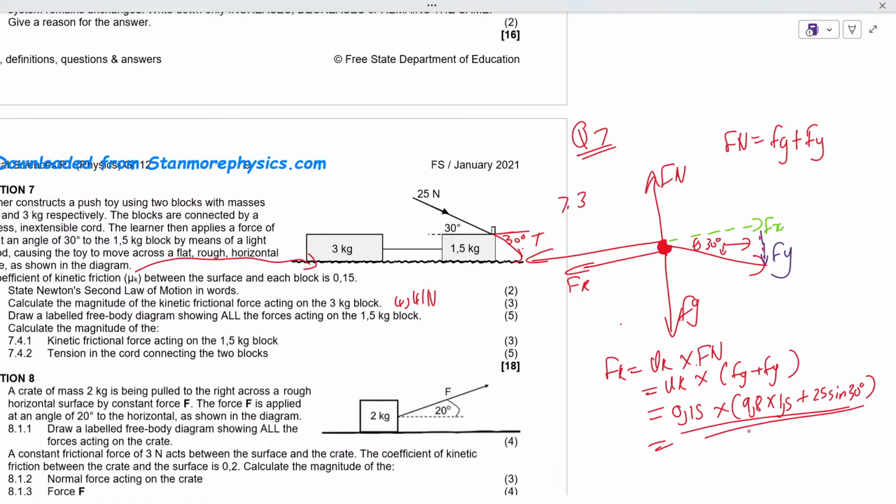How much is our answer? I got 14.71. 14.71.